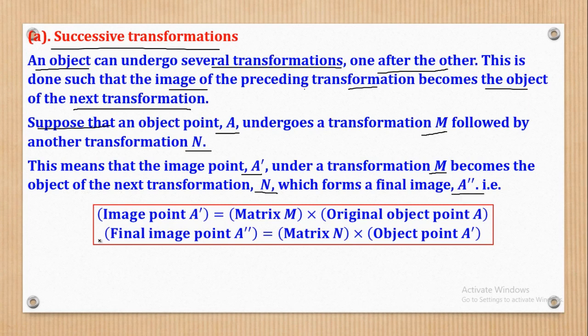Mathematically, the image A prime is got by transformation matrix M multiplied by the original object point A. But the final image A double prime is got by multiplying transformation matrix N by the object point, which is A prime. So what was the image here becomes the object there.